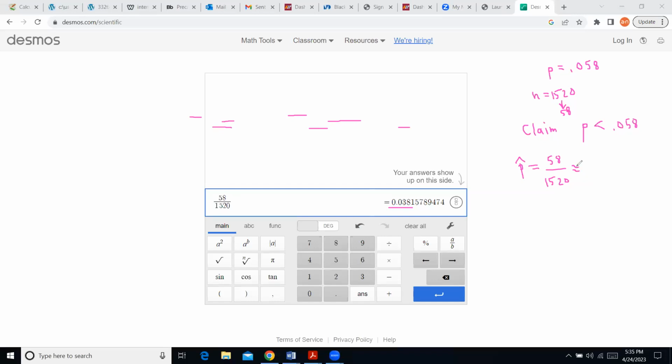I can round it and write this as 0.038. Notice I put it in the same format as that 0.058, with 3 digits after the decimal point. So p-hat is here. I need its friend q. q is always 1 minus p.